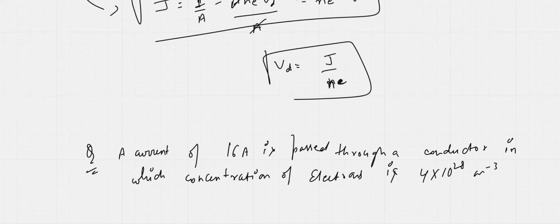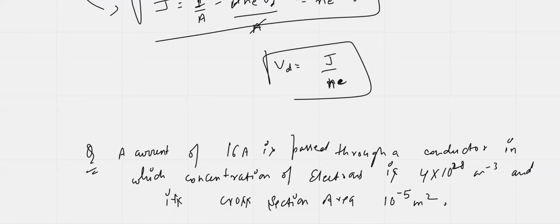Basically, this is the volume concentration of electrons. Its cross-section area is 2.5 into 10 to the power minus 5 meter square.